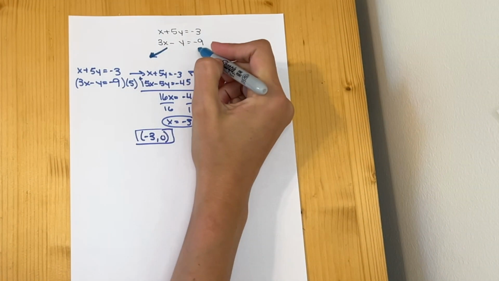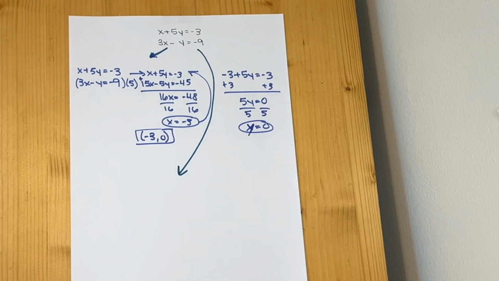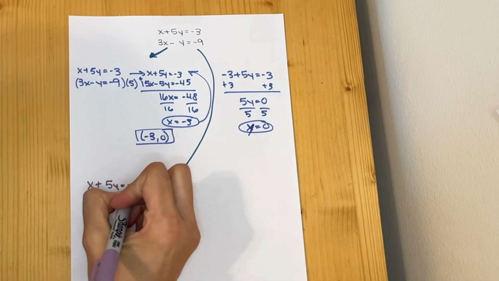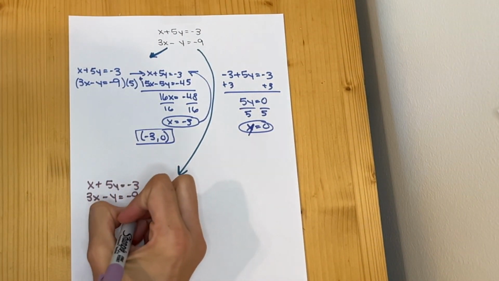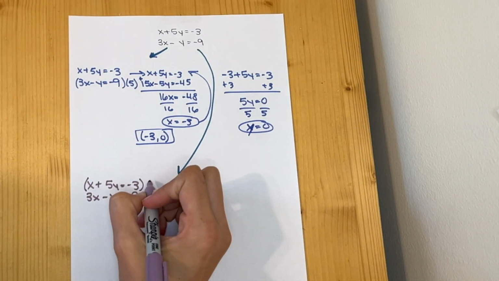And now if I was going to eliminate the x variable, I would multiply this top equation by negative 3. So I'm going to rewrite them here, and then I'll multiply this whole top equation by negative 3, so I have a negative 3x and a positive 3x there, and then we'll add them.